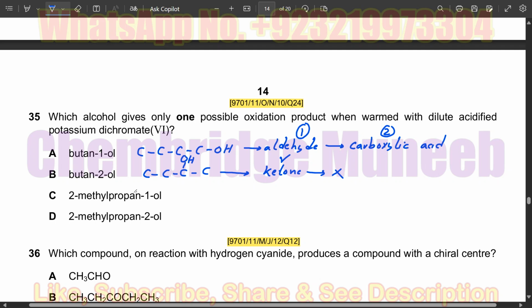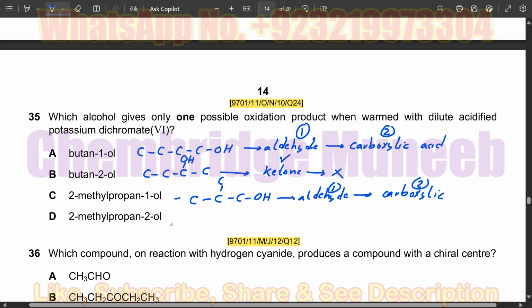Same goes for the 2-methylpropan-1-ol. If I write the simple structure, we have methyl on second carbon and OH on the first carbon. So it will convert into aldehyde, and further upon reaction it will convert into the carboxylic acid. So again we have two products here, 1 and 2.